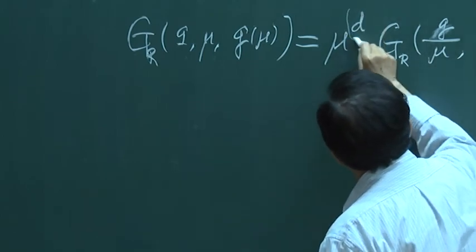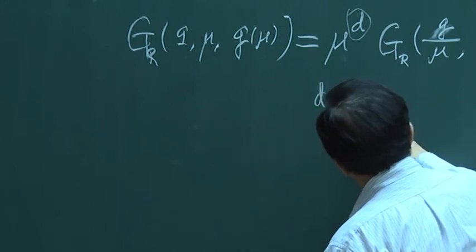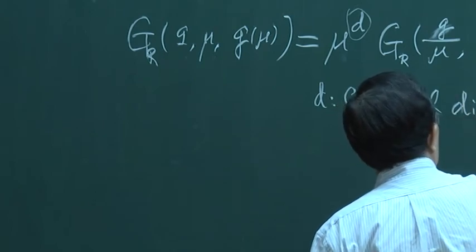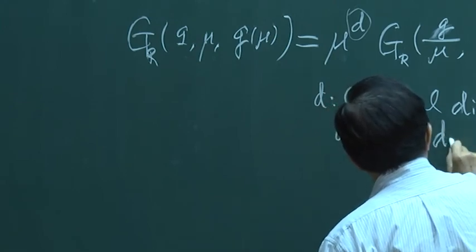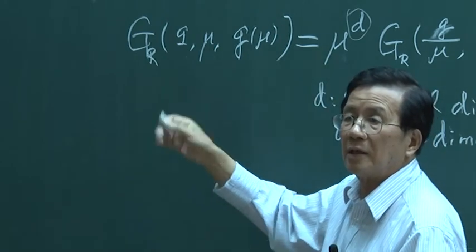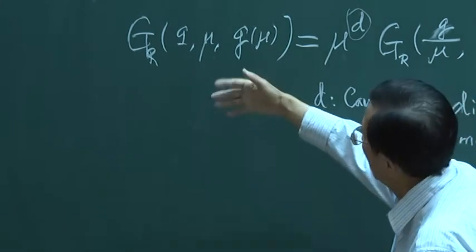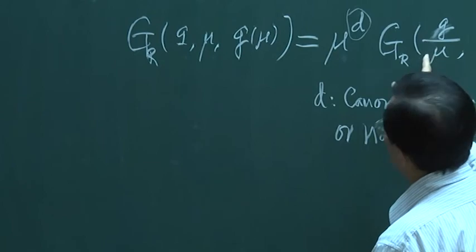So this d is called the canonical dimension, or naive dimension. Anyway, you look at the wave function, you just count the number of powers of momentum, and it will tell you that this is a dimension 4, 5, 10 of the mass, and then you take this out, and everything else will depend on the ratio, right?